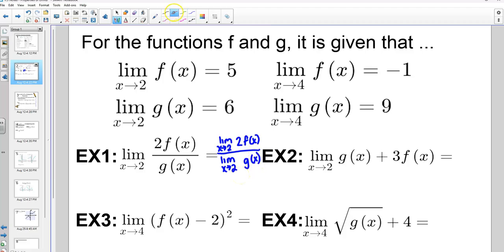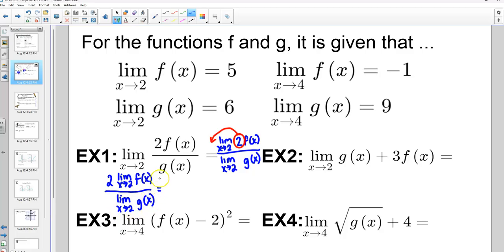And then I also have the constant multiple rule that tells me if I'm taking a 2 and multiplying it by that f of x, I could pull that out front, and I could write it this way: 2 times the limit as x approaches 2 of f of x, over the limit as x approaches 2 of g of x.